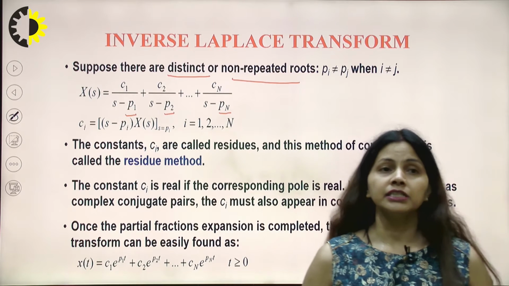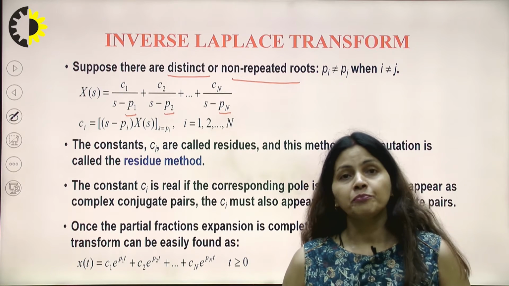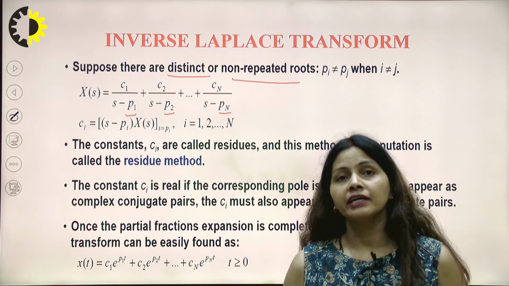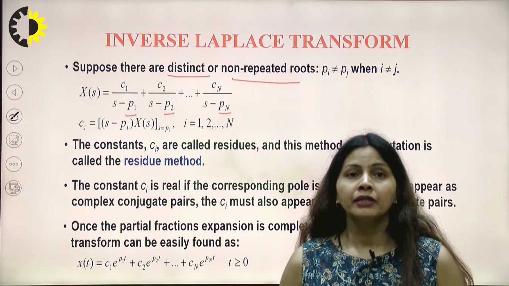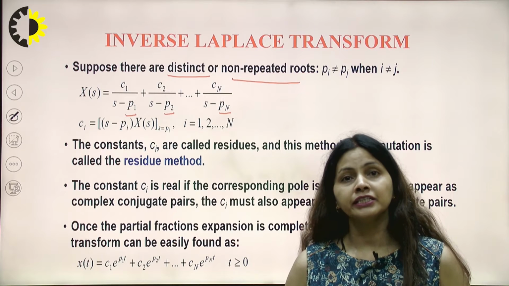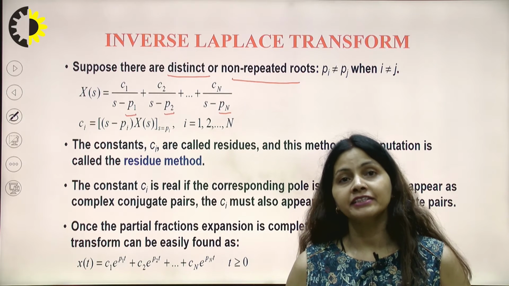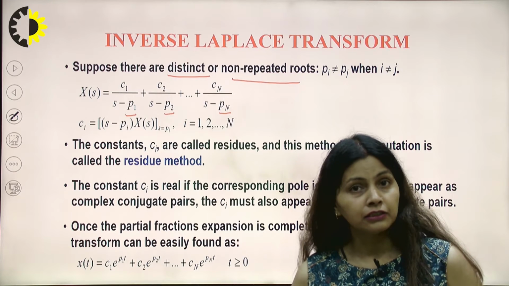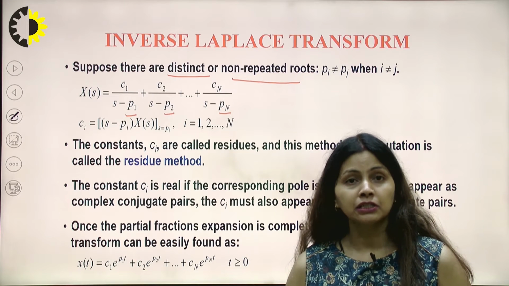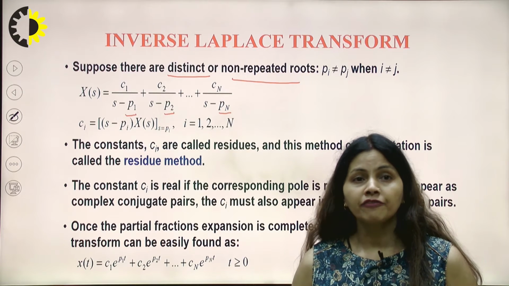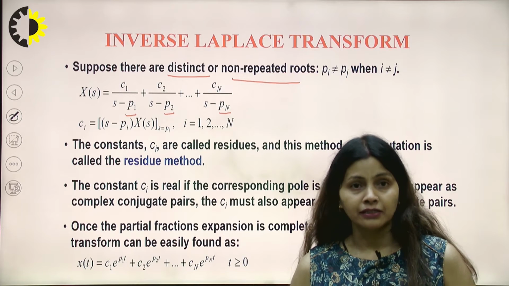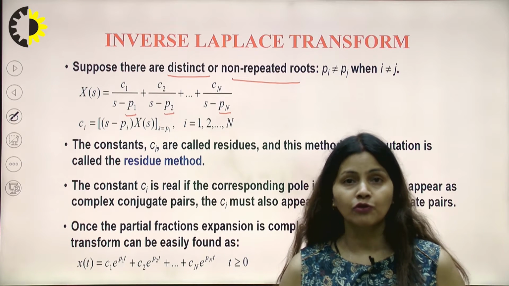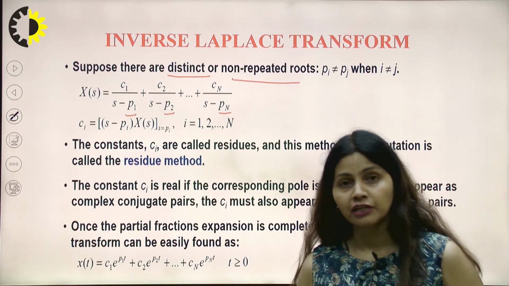The constant ci is real if the pole is real, and if two poles occur as a conjugate pair, then we take ci as well as ci star, the complex conjugate of ci, in the partial fraction expansion. Once the partial fraction expansion is done, we can easily find the inverse Laplace transform.